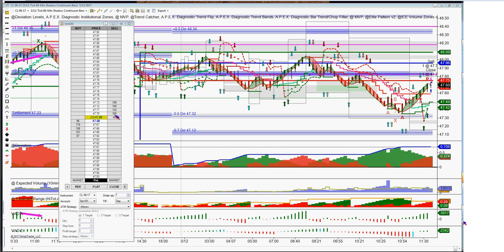And so whenever I see a really high number, like let's say this number, I mean, oil's not giving me one. Maybe gold will show me something. Nope.